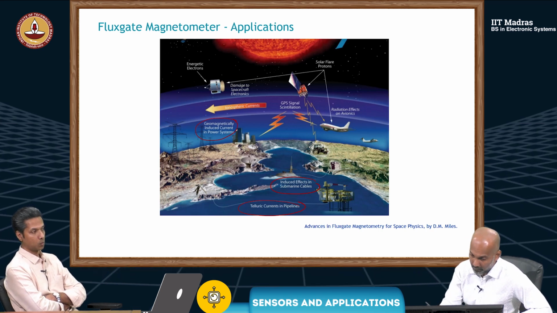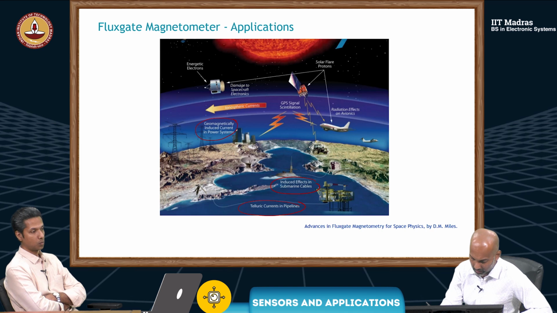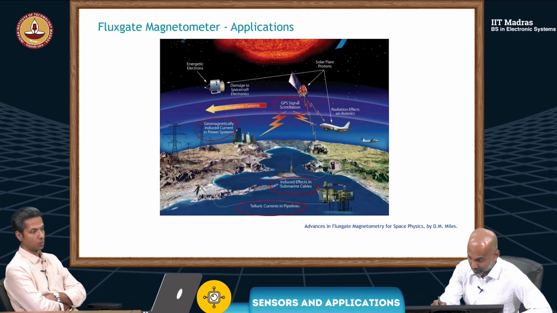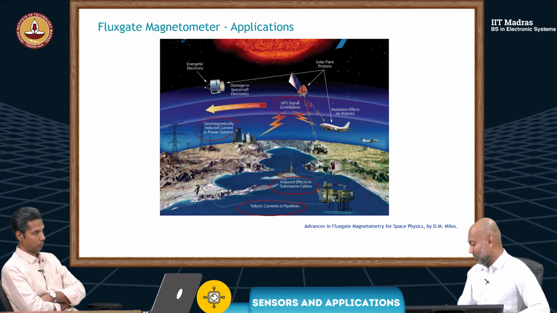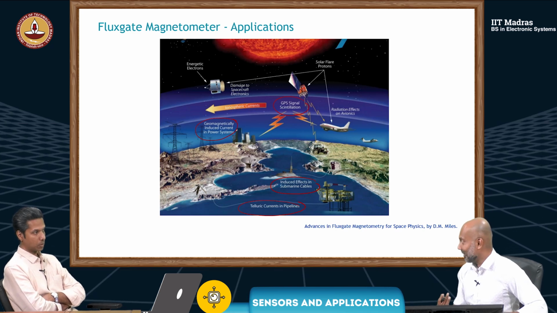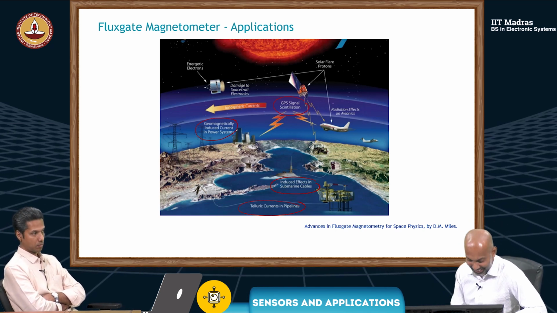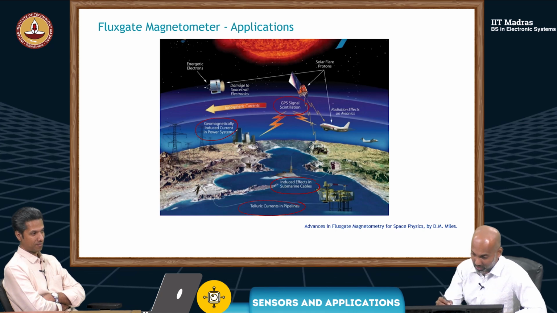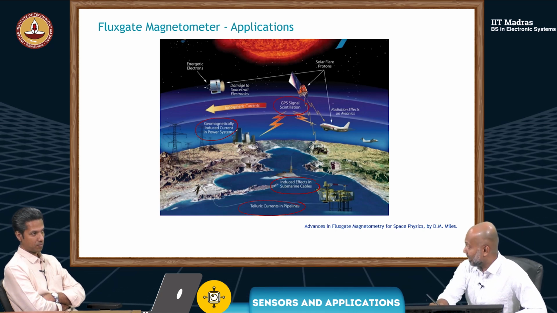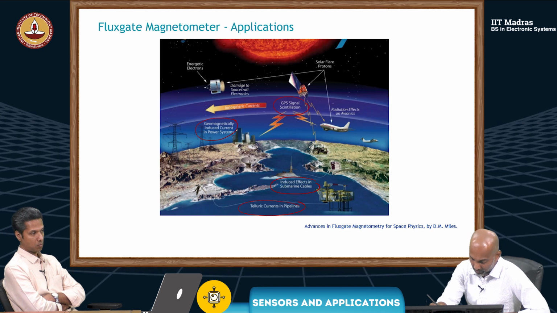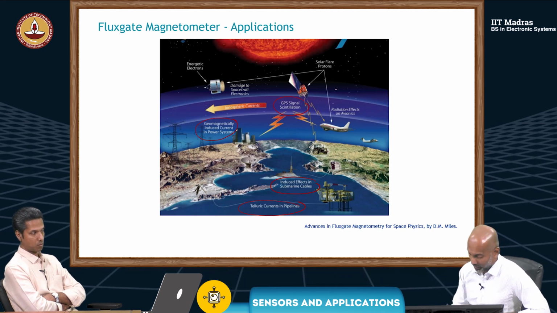Now, if you're talking about GPS, another thing that we use a lot on Earth, that can cause a lot of multipath interference with the radio signals required for the GPS.